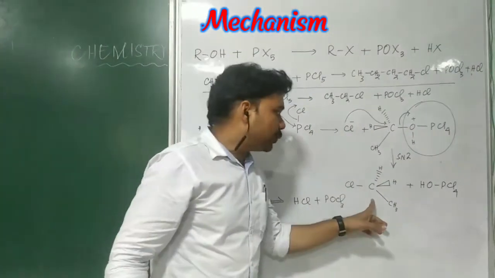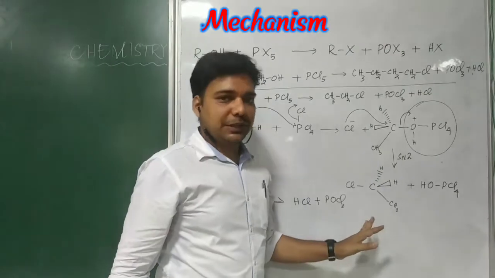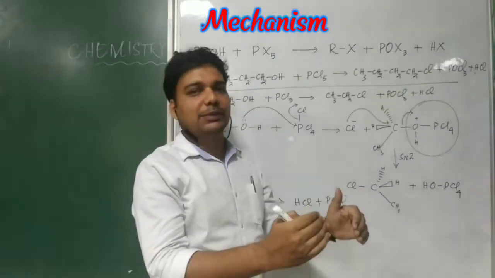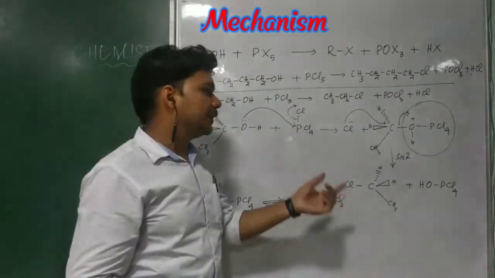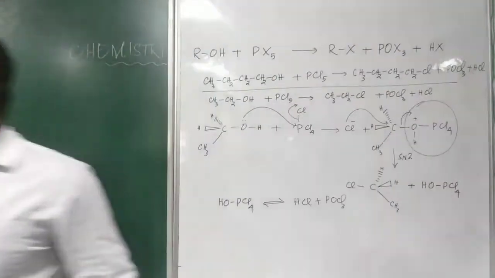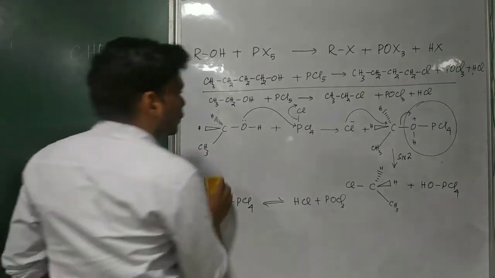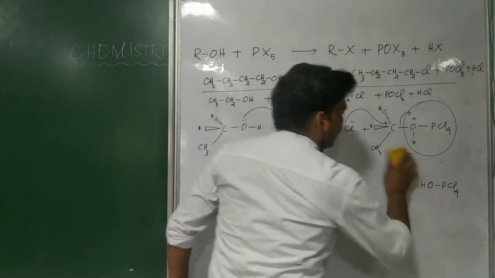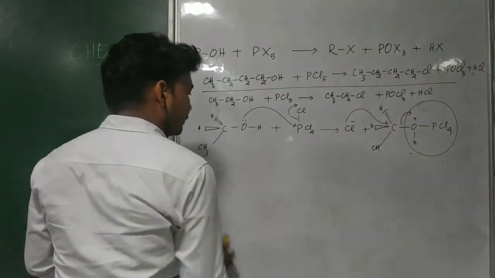So here this point is to be remembered. These reactions, as they proceed via the SN2 mechanism, show inversion in configuration. By applying this concept, we can find the answer to this question.